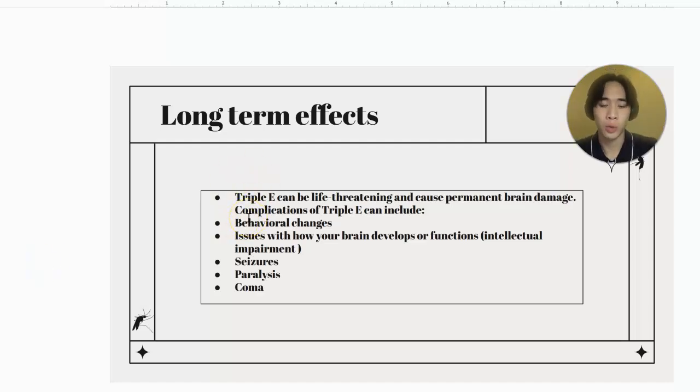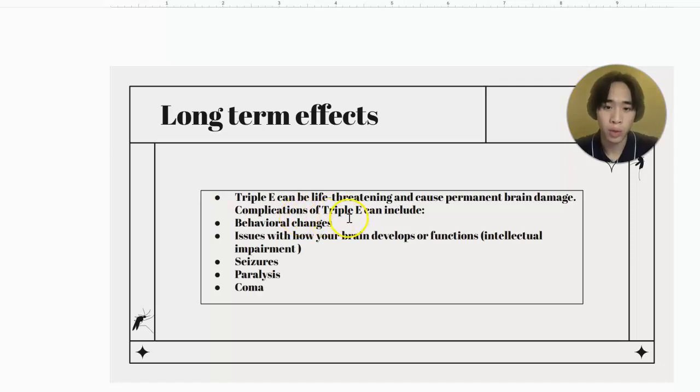Now moving on past the symptoms. The symptoms you experience come after 1 or 2 weeks after that first bite, and then the body is trying to fight this disease. But then we get to the long-term effects, or the things that I hope no one that gets triple E experiences, which can be life-threatening and cause permanent brain damage.